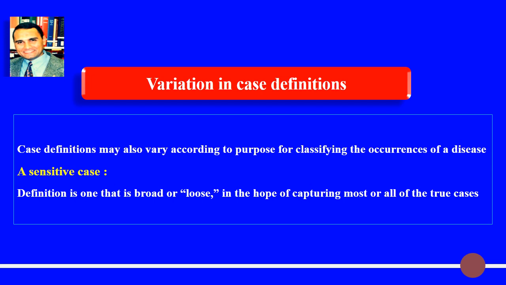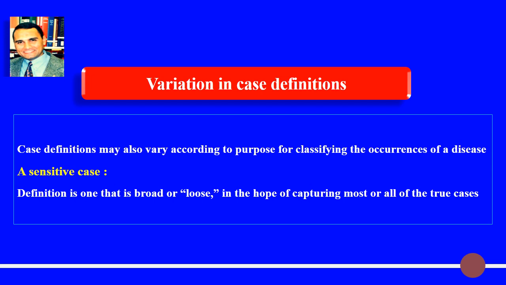On the other hand, an epidemiologist studying the causes of a disease outbreak usually wants to be certain that any animal or person included in the study really had the disease.